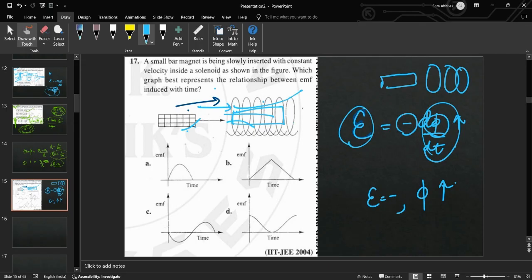What happens is the increase in flux slows down. After a time it will slow down. So the change in flux will decrease. So EMF will become positive, right? Flux decreasing means the derivative becomes negative. Negative negative gives me positive. So option C is the correct answer. It's a brilliant question again.